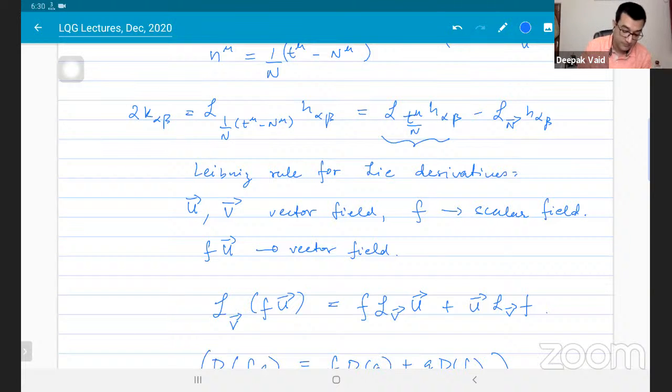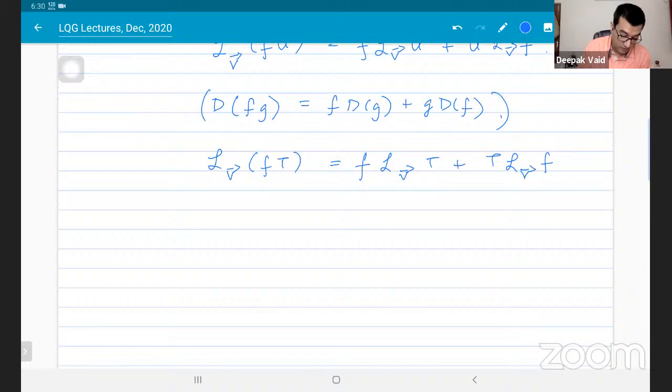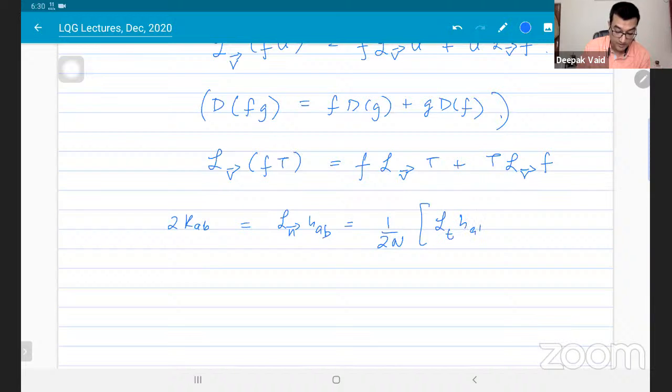Well, when you work it all out, what you find at the end of the day is that 2 times KAB, which is this HAB dot, is equal to 1 by 2n, and we have L_T HAB minus D_A N_B minus D_B N_A.